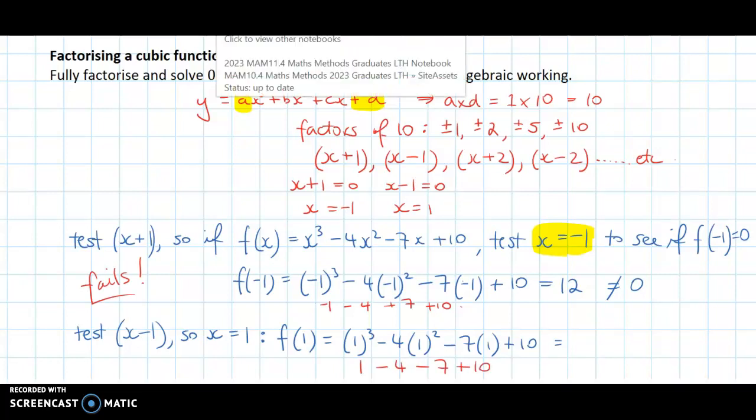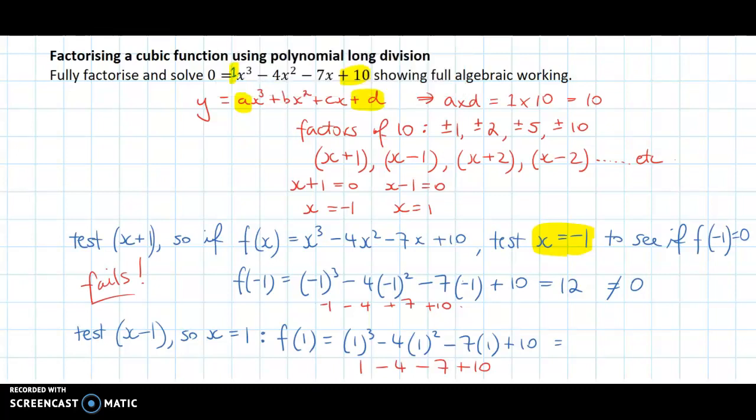So 1 minus 4 minus 7 plus 10 gives me 0. So I know I have a winner, chicken dinner. And x minus 1 is a factor.